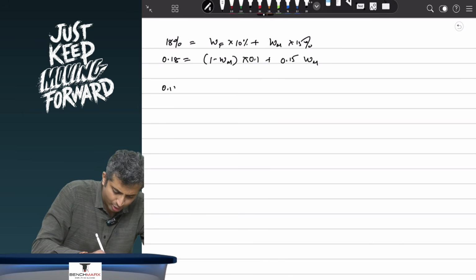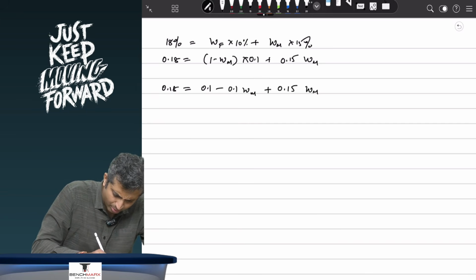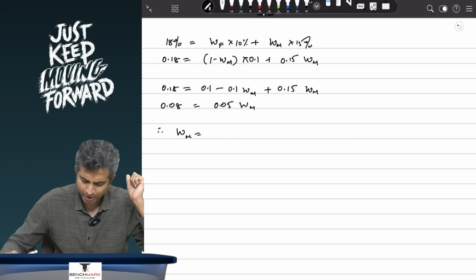So basically 0.18 will equal 0.1 minus 0.1 WM plus 0.15 WM, and hence this is 0.08, and this is 0.05 WM. Therefore, weight of the market is 0.08 upon 0.05.